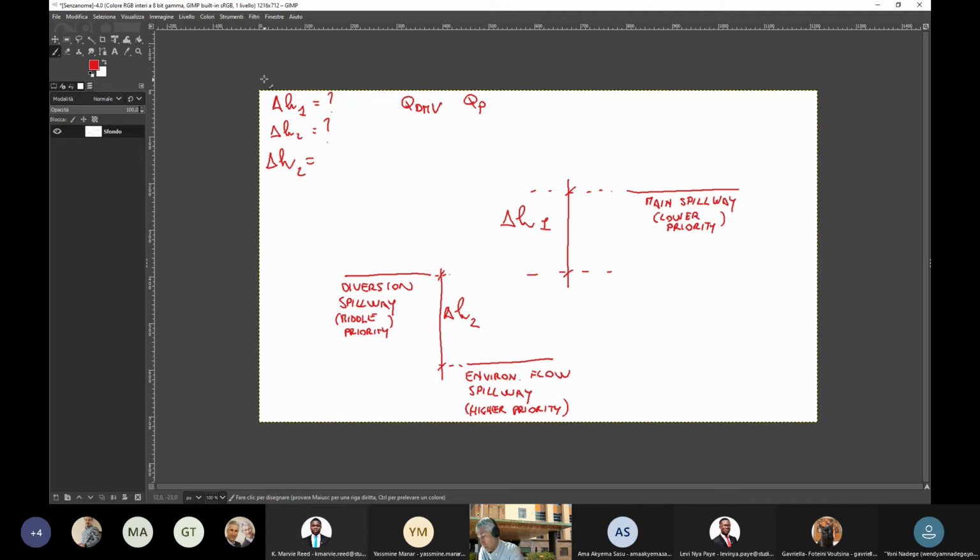I have to ensure that delta H2 is enough to allow QDMV to flow down before any water is diverted.